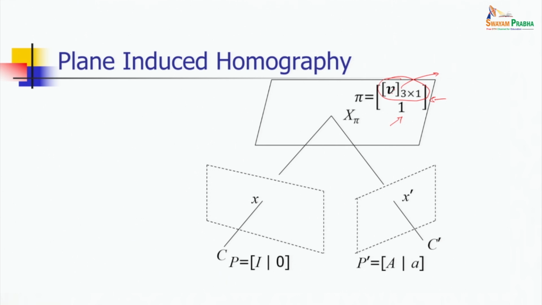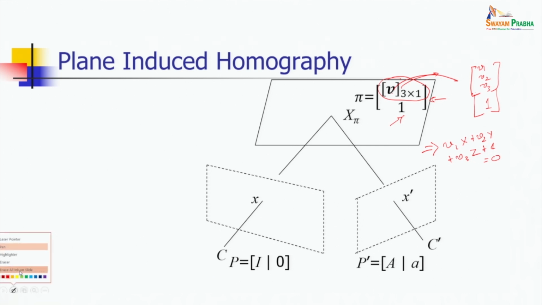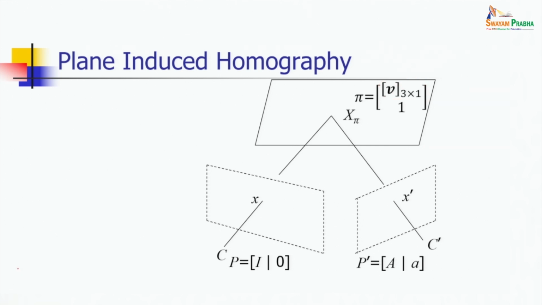If I expand this as V1, V2, V3, and 1, the plane is V1x plus V2y plus V3z plus 1 equal to 0. So this is a plane represented by this particular notation.